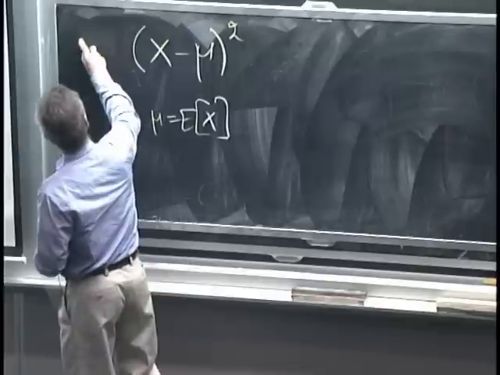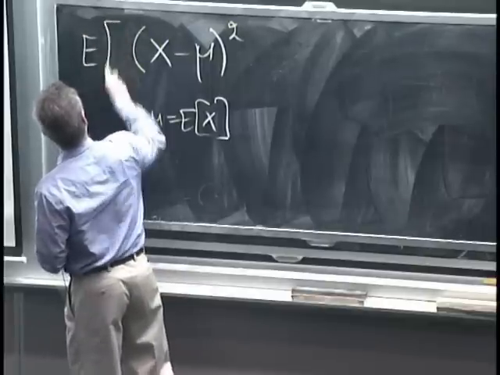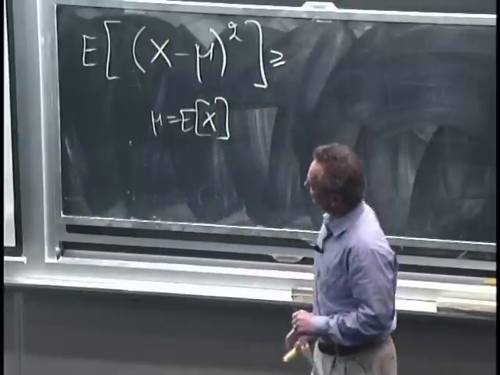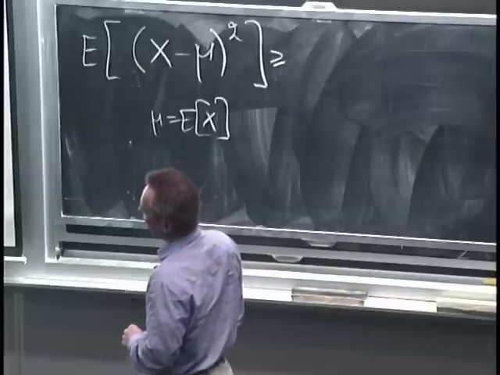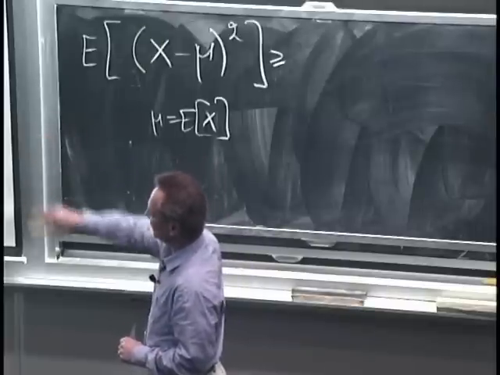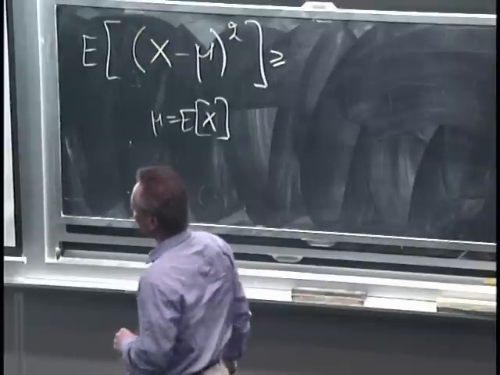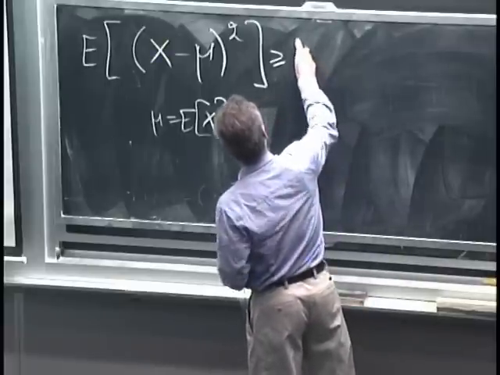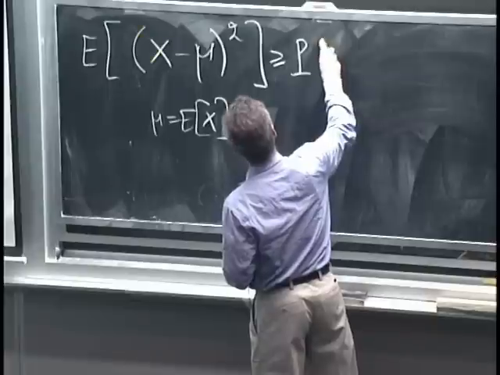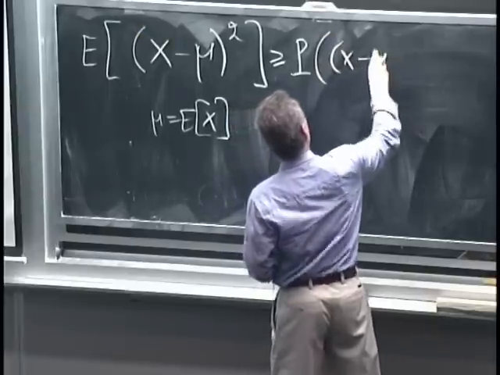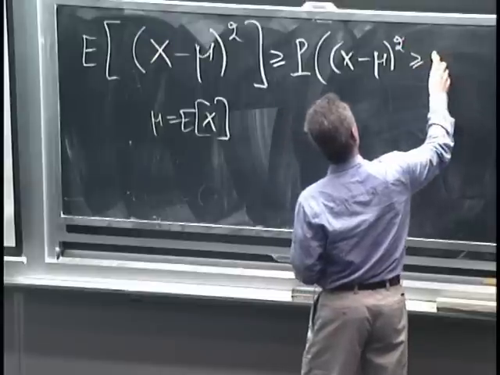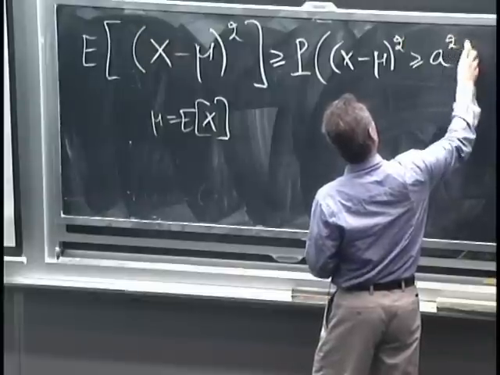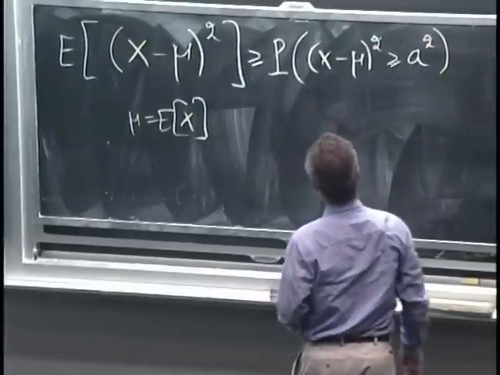So the expected value of this random variable, which is the variance, by following the same thinking as we had in that derivation up there, is bigger than the probability that this random variable is bigger than some, let me use an a squared instead of an a, times the value a squared.